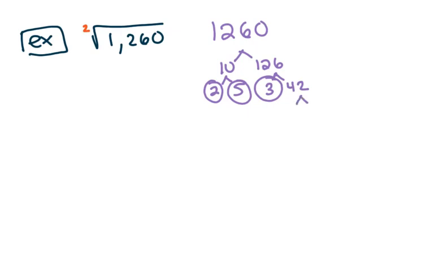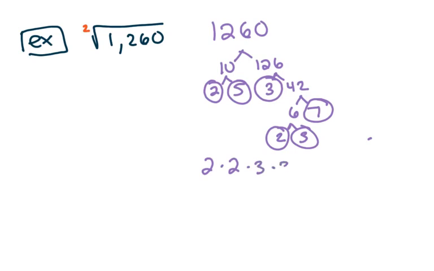So 42 is 6 and 7. 7's a prime number. And then 2 and 3. So I like to put them in order just so I keep it consistent, but 2 times 2 times 3 times 3 times 5 times 7.